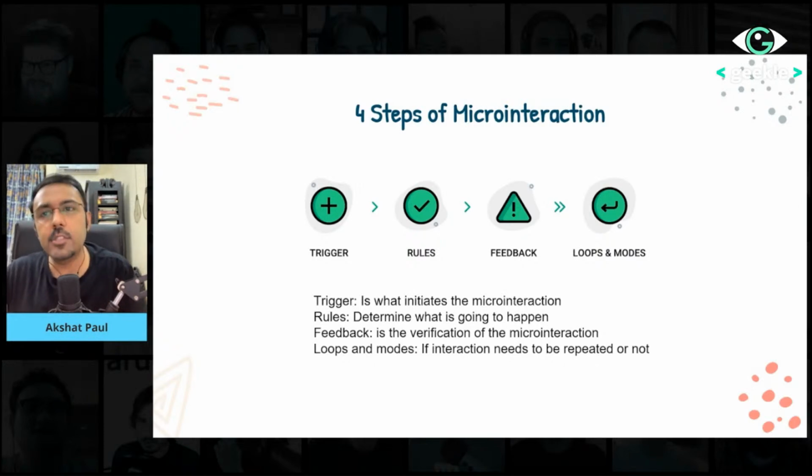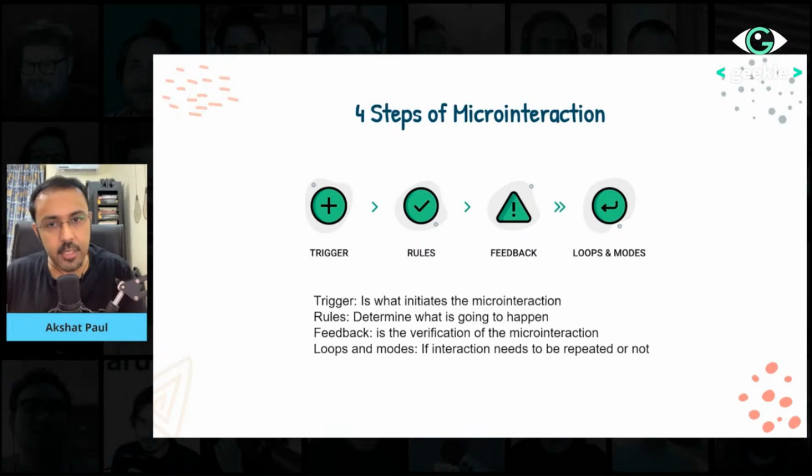So the final part, loops or modes, where loops is continuation of the rule, and mode is that it stops, just giving a signal, just providing the information to the end user, and it stops.